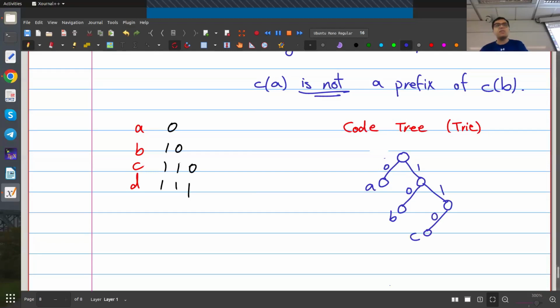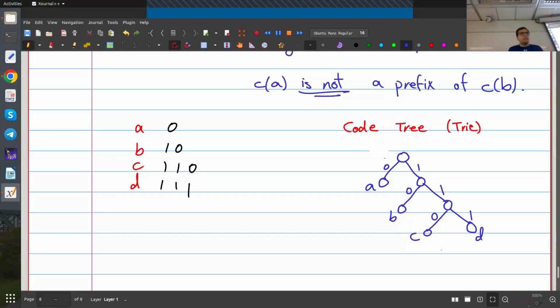So this is the code for C. And finally, D is 1, 1, 1. So I start at the root, go 1, 1, and another 1, and this gives me D. Basically, every node here corresponds to the string that is written on the edges from the root to that node. So this node, for example, corresponds to 1, 1. This one is, of course, 1, 0.